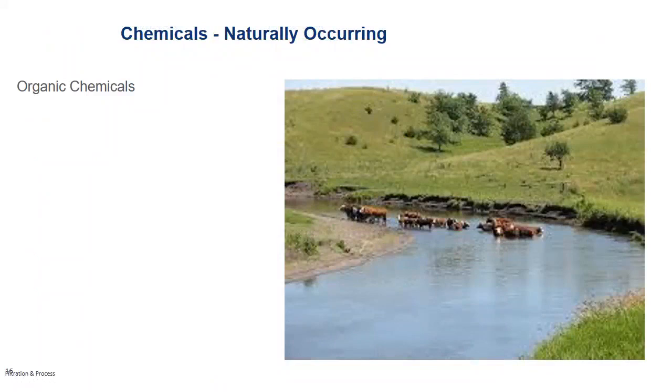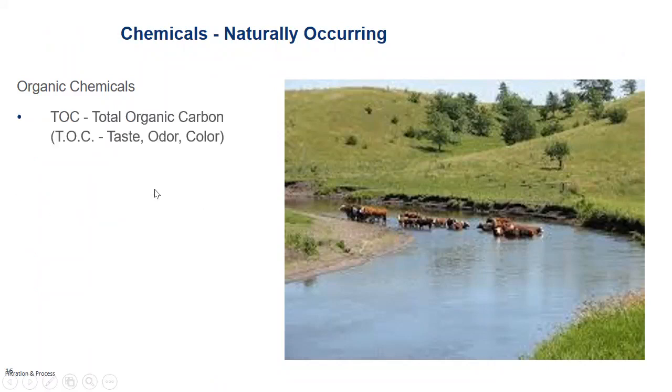All of human history has water filtering through it and dissolving it slowly into our water supply. And this ends up in the form of organics in the water, and that's total organic carbon. This is taste, odor, and color. This is when you get that brownish or yellowish looking water that has nothing to do with iron. That's from those dissolved organic chemicals.